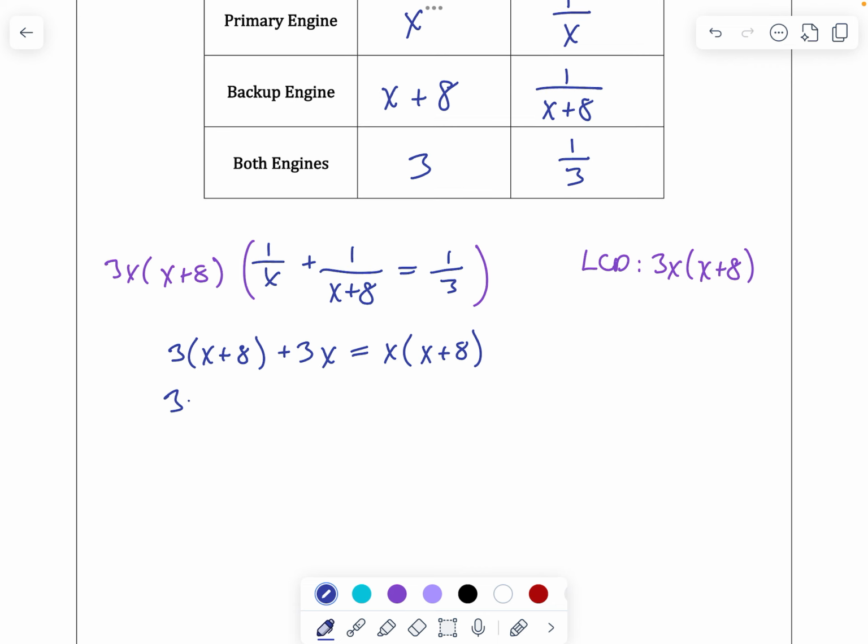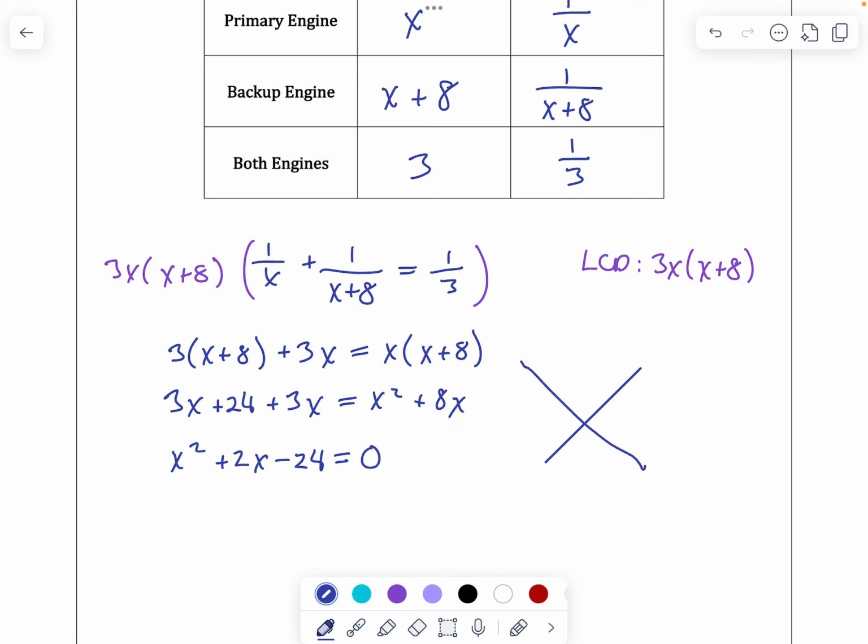This gives us 3x plus 24 plus 3x equals x squared plus 8x. There's our quadratic, the x squared. That means we're dealing with a quadratic equation here. If I move everything to the same side, I get x squared plus 2x minus 24 equals 0.